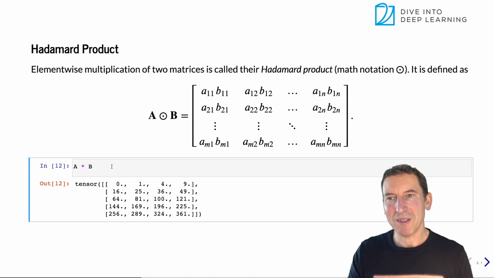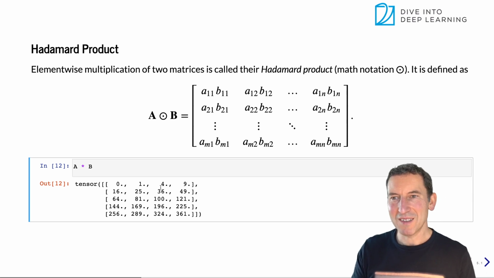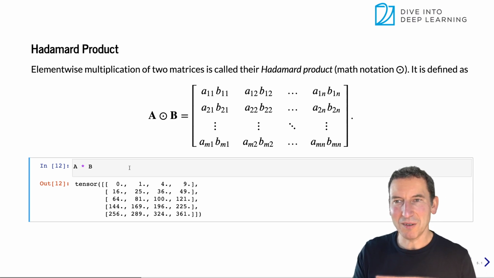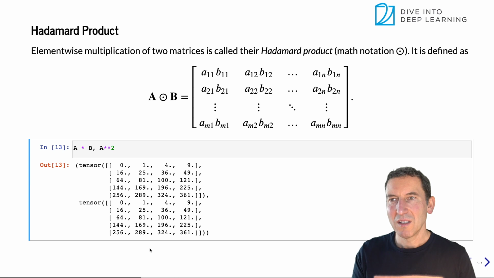And since A and B were the same, going as numbers from 0 to 19, these are all the squares, right? So if I were to do this, I should see the same answers in both cases. Okay.